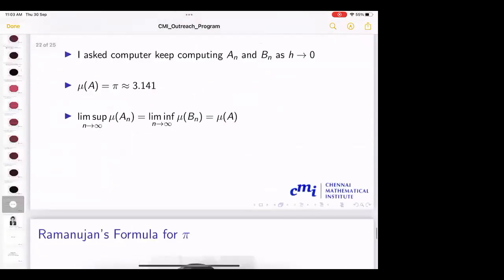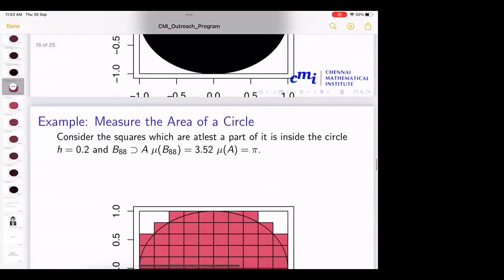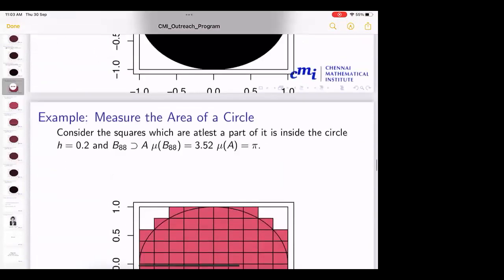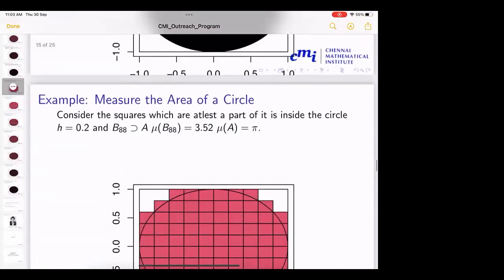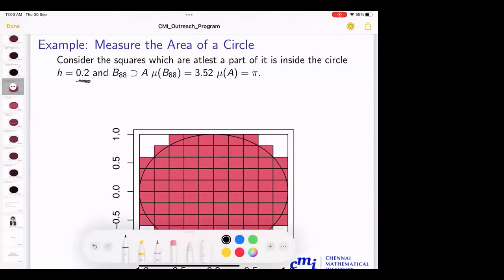Yeah, this is the one. So I took h equal to 0.2, and I said as long as one vertex is inside, I mean from the center, I'll take that square.